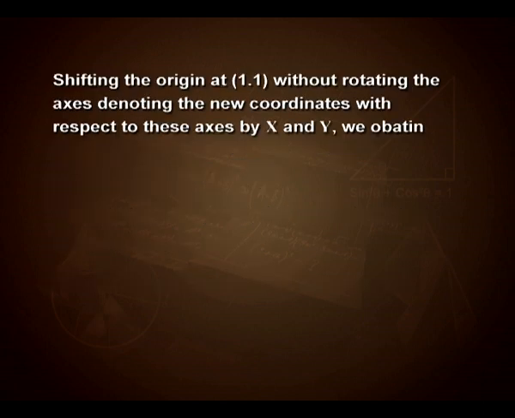Shifting the origin to (1, 1) without rotating the axes, and denoting the new coordinates with respect to these axes by X and Y, we obtain x is equal to X plus 1 and y is equal to Y plus 1. Take this as equation number 2.